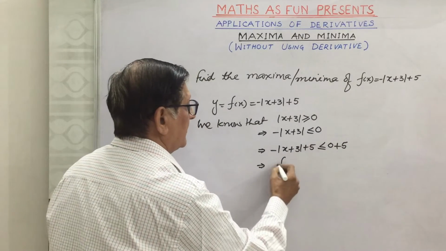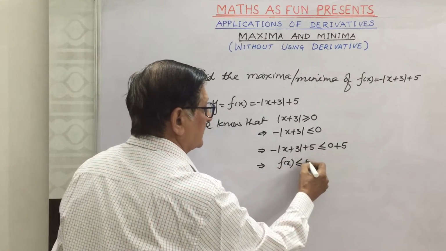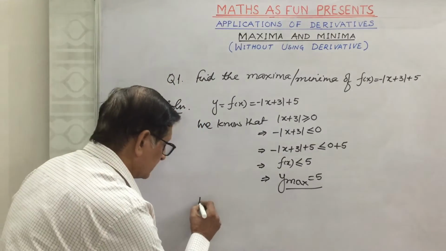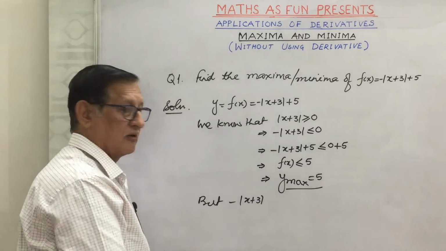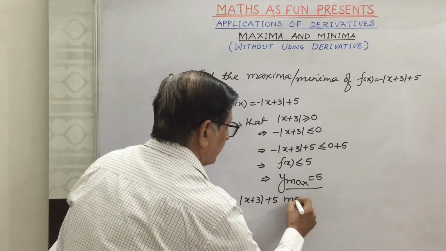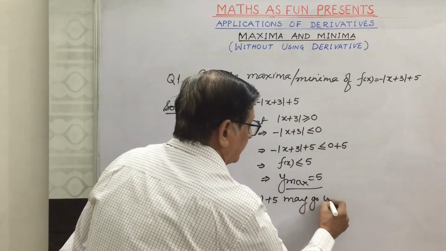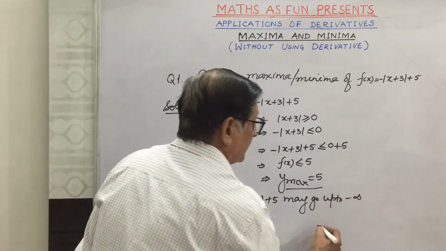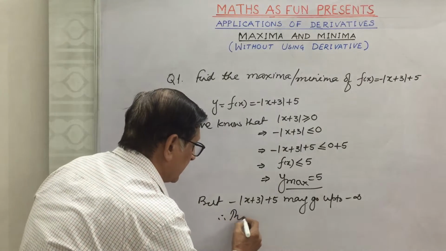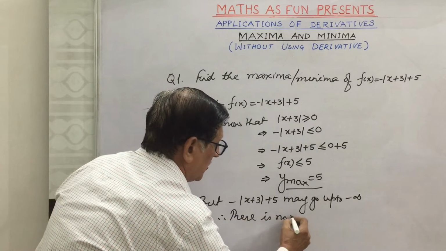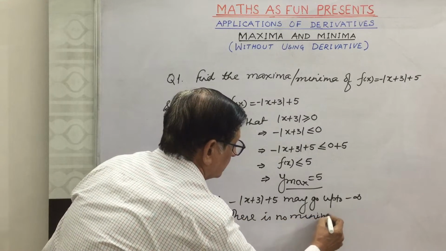This implies that f(x) is less than or equal to 5. But minus mod of (x plus 3) plus 5 may go down to minus infinity for values of x, and therefore there is no minima.